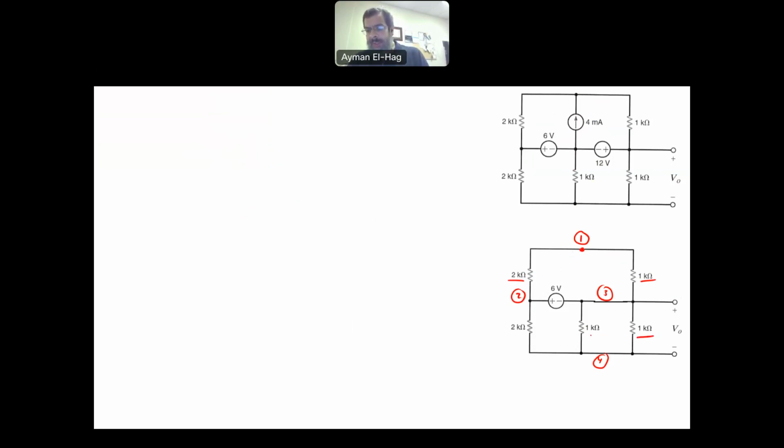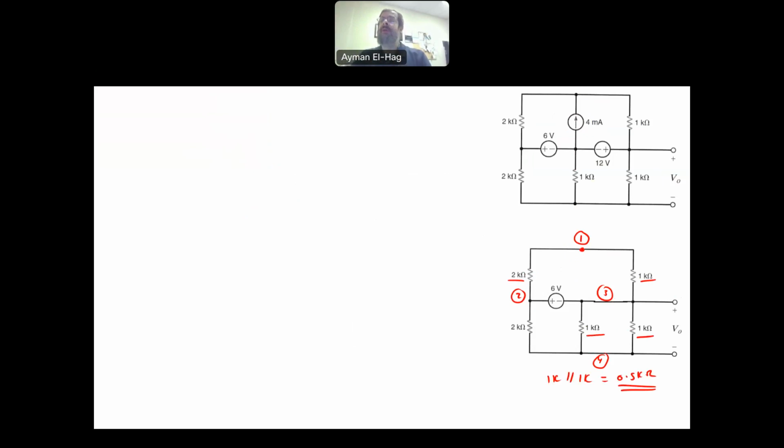The 1 kilo and the 1 kilo are in parallel because they are sharing nodes 3 and 4. We know that when we have two equal resistors in parallel, the total resistance is half of that resistor. So that is the total resistance.